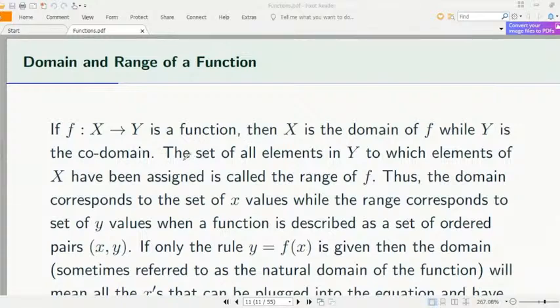Then the range is defined here: the set of all the elements in Y to which elements of X have been assigned is called the range of F. And I've also stated that thus the domain corresponds with the set of X values, while the range corresponds with the set of Y values.